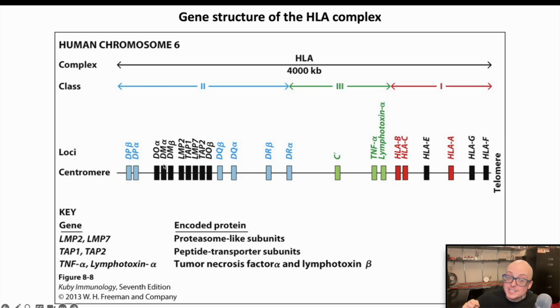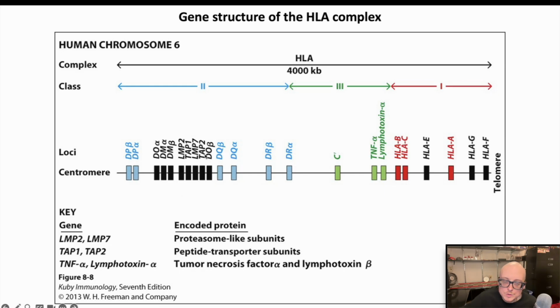They have similar sounding names to DP, DQ, and DR, but they do not bind to antigen directly. They have other regulatory functions, which we saw in a previous video had to do with peptide loading, but not peptide presentation. And so for that reason, we think of them as non-classical MHC genes, and that's one reason why they're shown in black, because they have a different type of function.